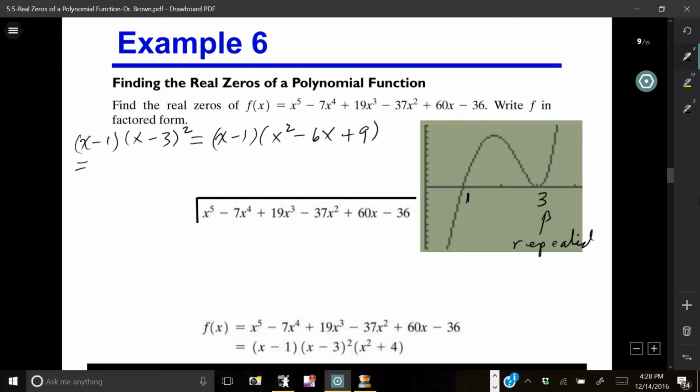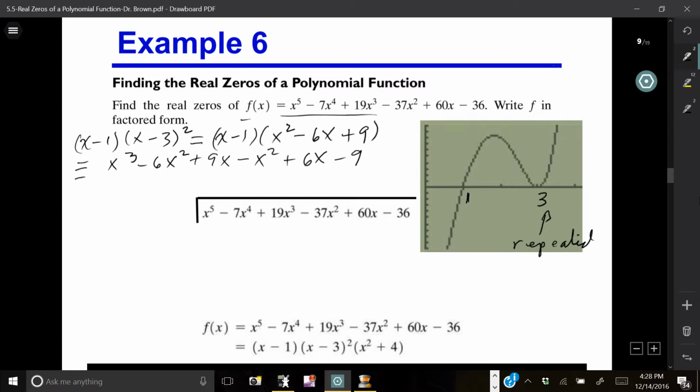And multiplying the entire thing out, we get x cubed minus 6x squared plus 9x, then multiplying the 1 by everything, we get minus x squared plus 6x minus 9.